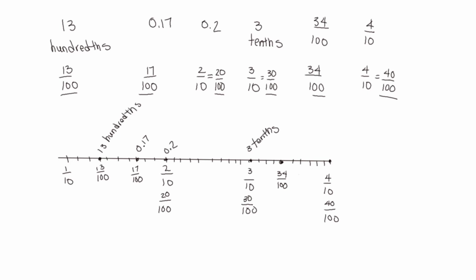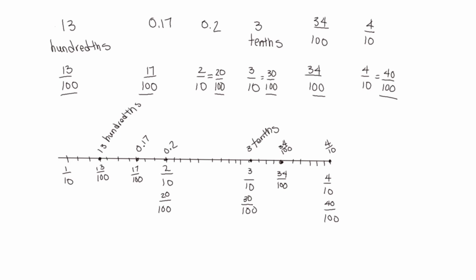And 34 hundredths and 4/10ths were already in fraction form. So we've plotted our original numbers on the number line by converting them into the same units, and then we can mark them with their original units.